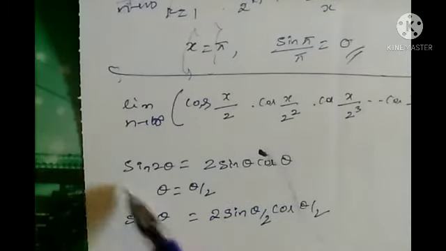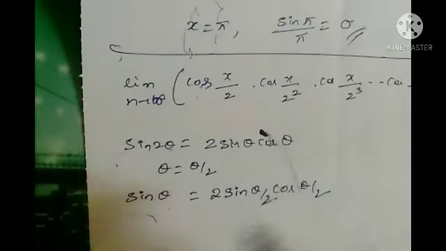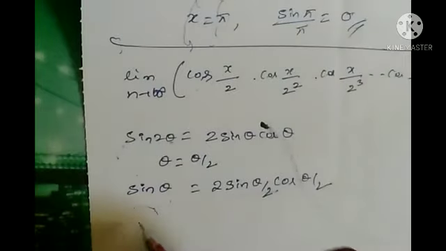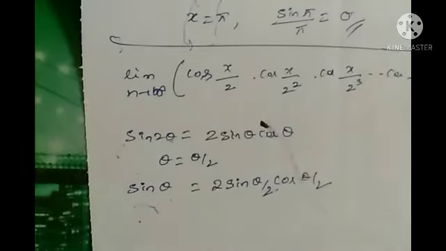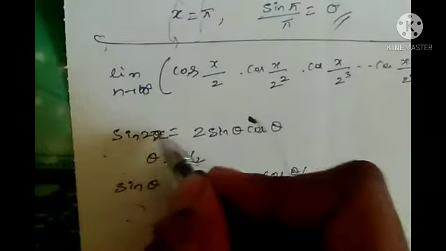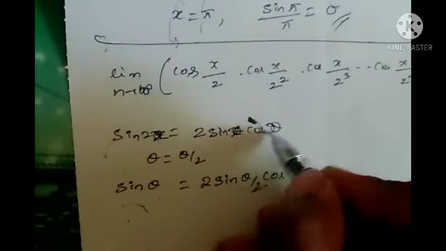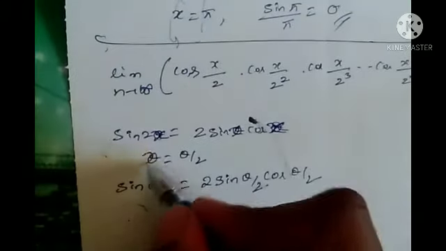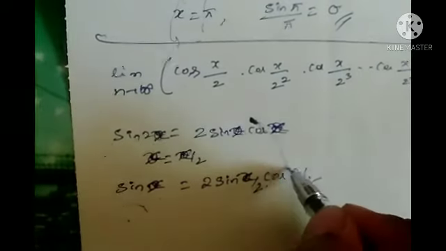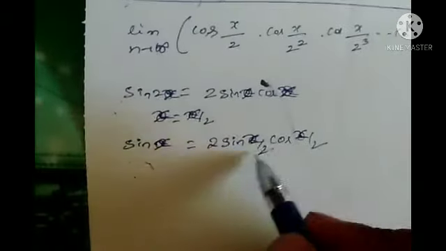We converted this formula into this. Yes or no? Otherwise we take x directly, no problem. That means sin x is equal to 2 sin x by 2 cos x by 2, no problem.